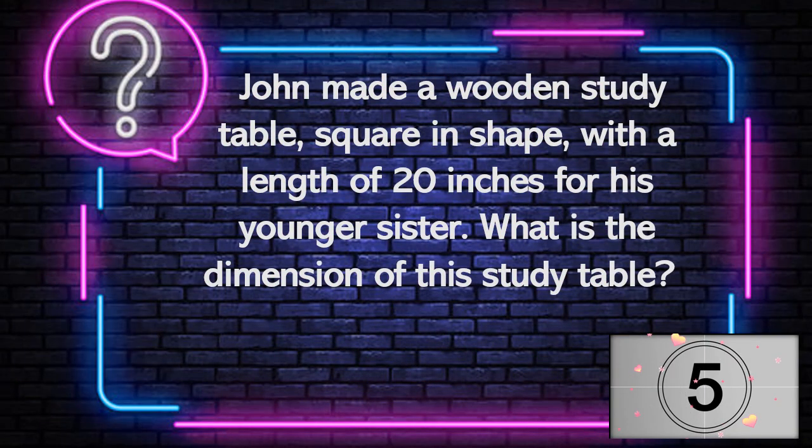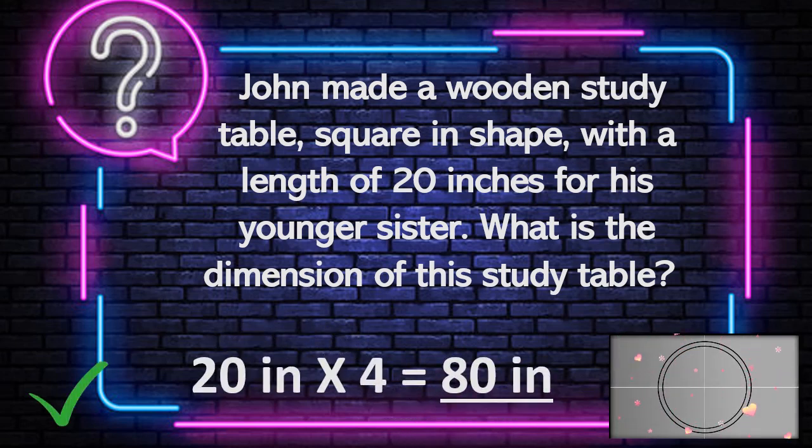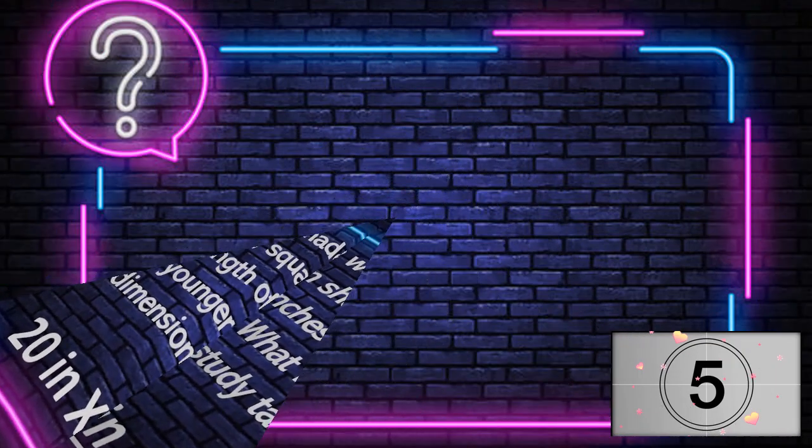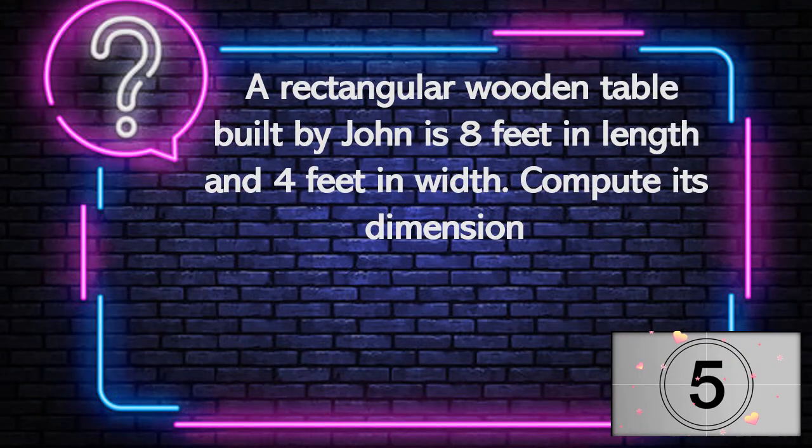John made a wooden study table square in shape with a length of 20 inches for his younger sister. What is the dimension of this study table? That is correct! A rectangular wooden table built by John is 8 feet in length and 4 feet in width. Compute its dimension.